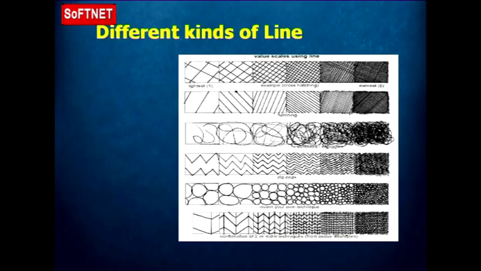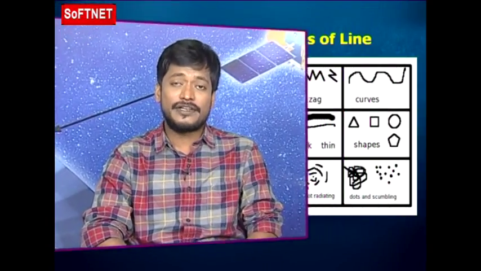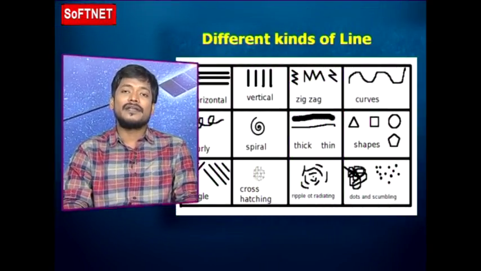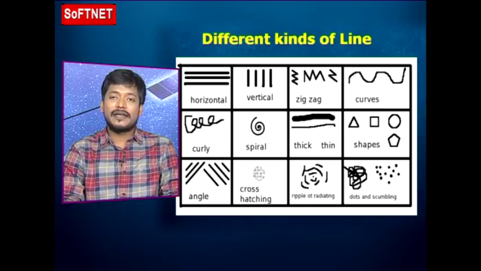So line, when we try to understand line, line has different characters. There are different characters of lines. You have horizontal lines, straight line, vertical lines, and you have zigzag lines, and you can see it on the screen in the slide.